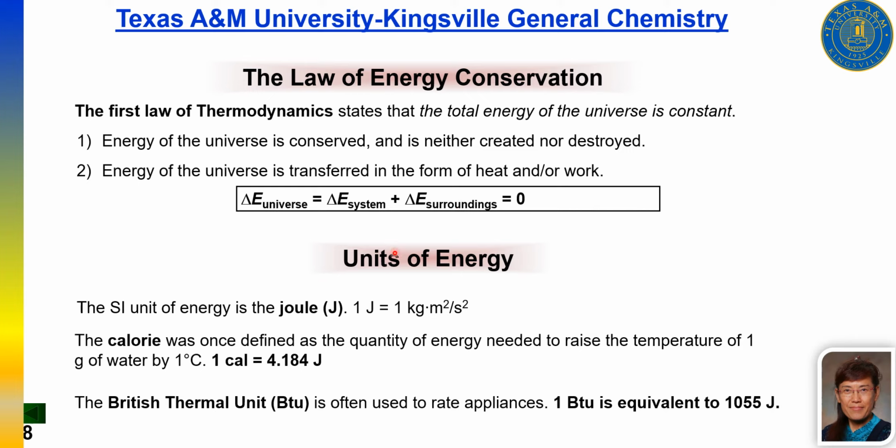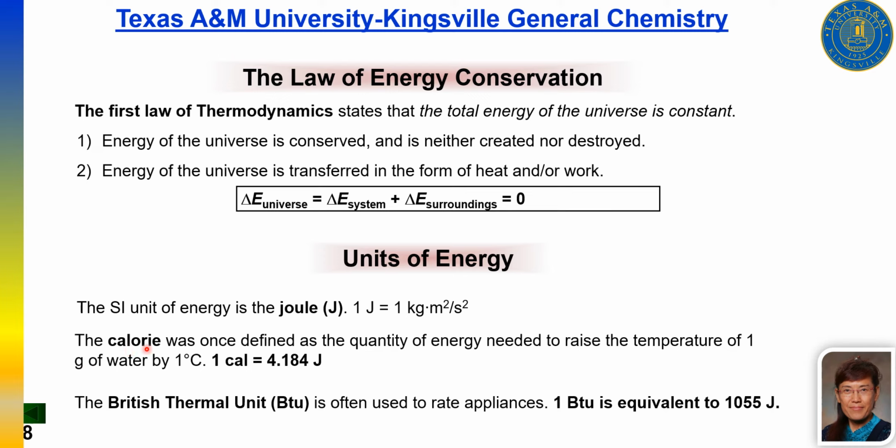Energy has different units. The SI unit, the international standard unit of energy, is the joule. This is J, capital J, meaning joules. The joule is defined as 1 kilogram multiplied by 1 meter squared divided by 1 second squared. We also know the calorie.